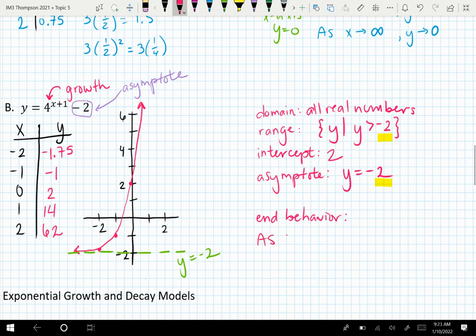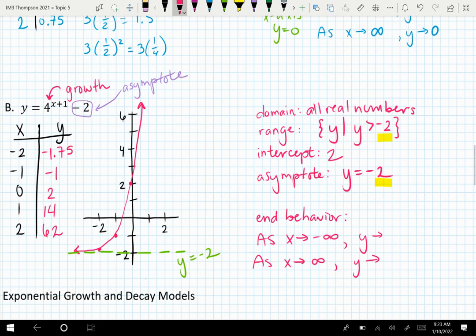So my end behavior is always going to be what happens to y as I look at x to the left, and what happens to y as I look to x to the right. We haven't seen any so far where the graph is reflected, where it's flipped. As x goes to -infinity, that just means as x goes to the left, right? Where are the small x values? Left, left, left.